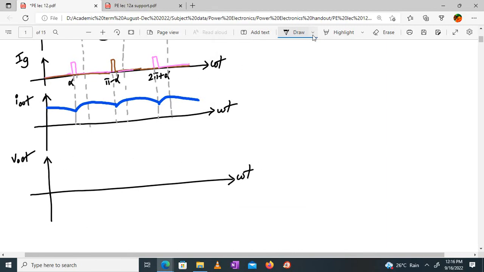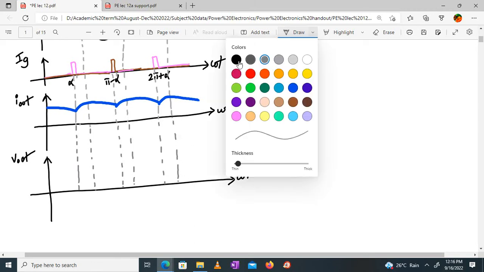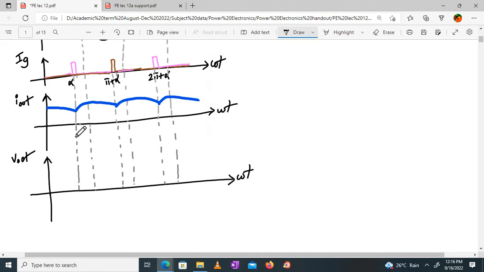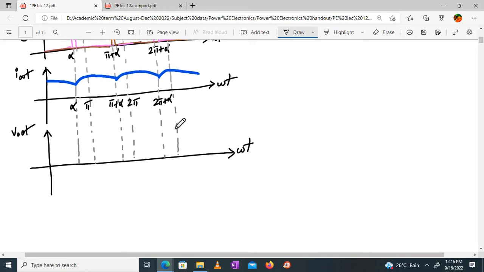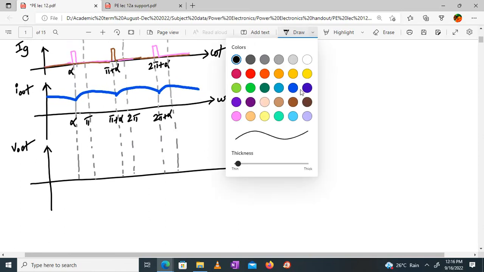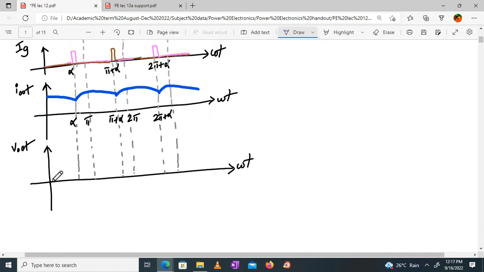So V out, I have to do this referencing again. Okay. So this is my alpha, pi, pi plus alpha, 2 pi plus alpha, right? And that's my load current. How will be my waveform? First of all, I have to draw that dotted line one, right?